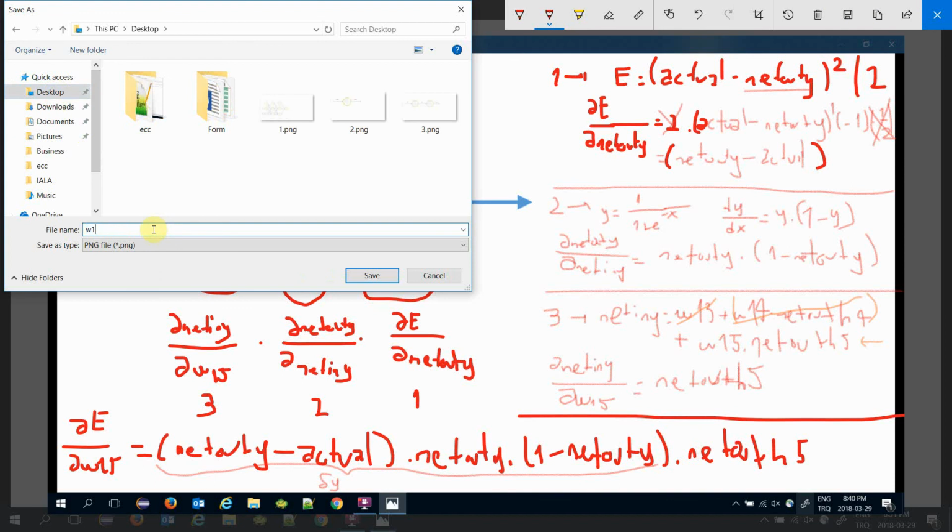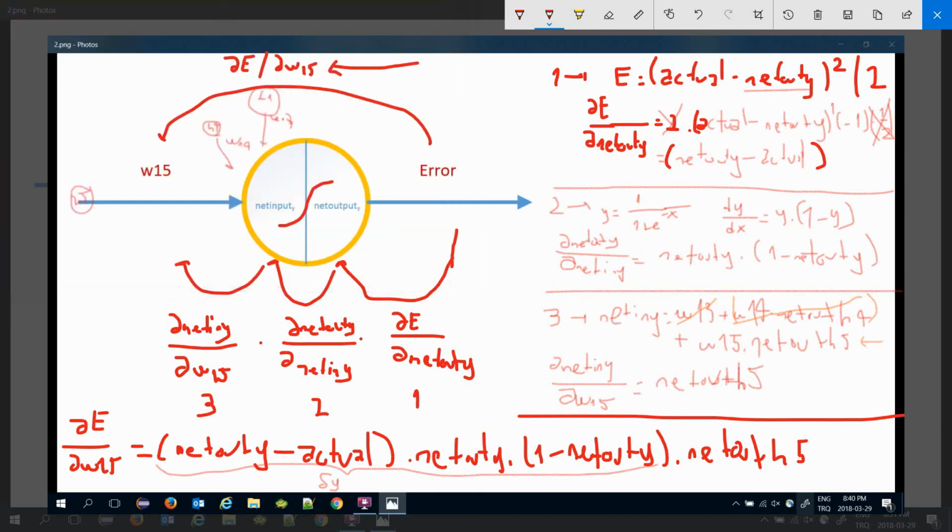I save this screen. After that, we need to, for example, change W15.